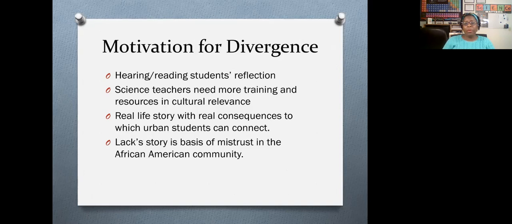So that also supported my decision to diverge from focusing on nature of science to focusing on cultural relevance. And also, my motivation is based on the Henrietta Lacks story, which is a basis for mistrust in the African American community in terms of healthcare and research. And I wanted to make sure that students understood that as they read the book and can make a connection to that as well.